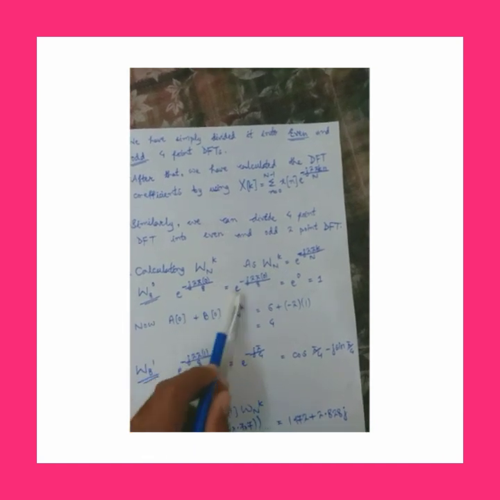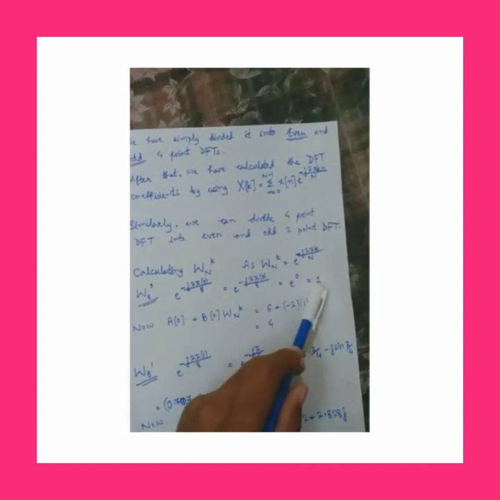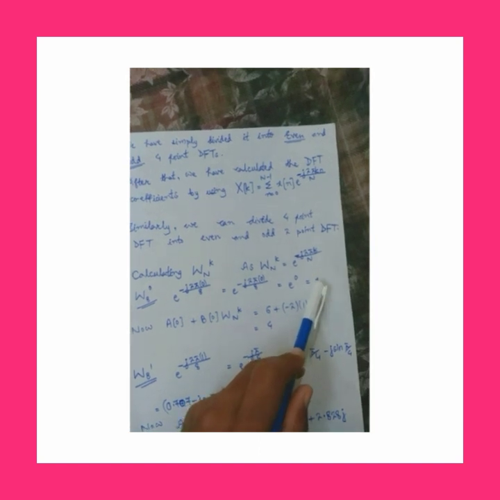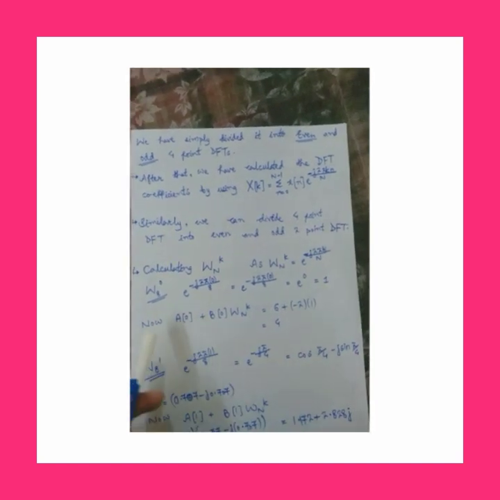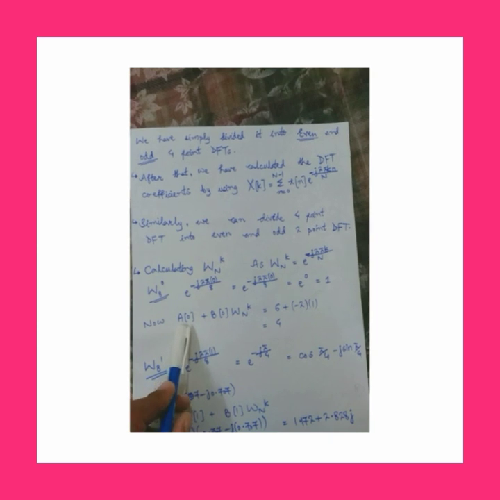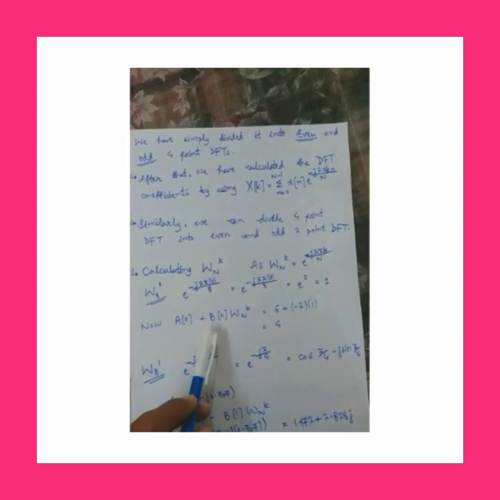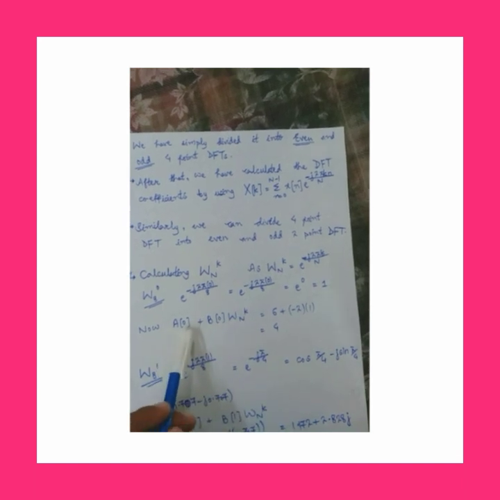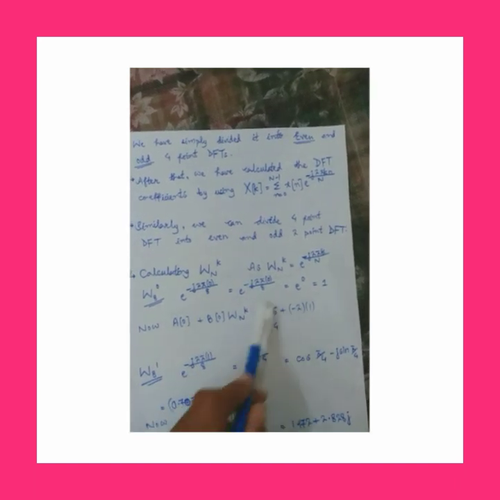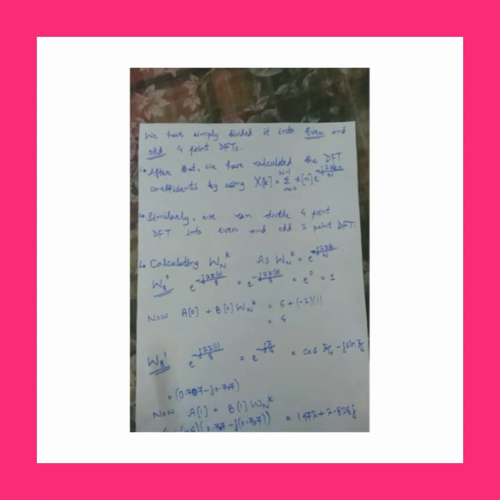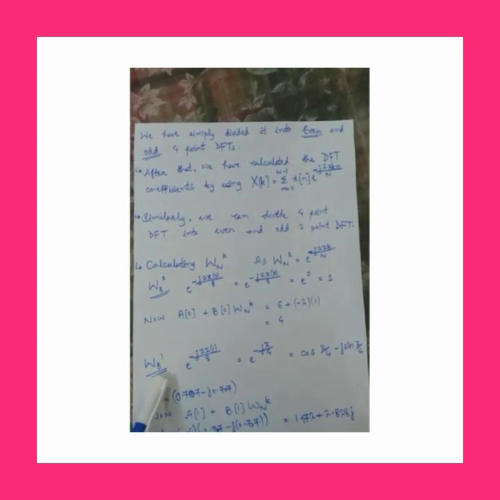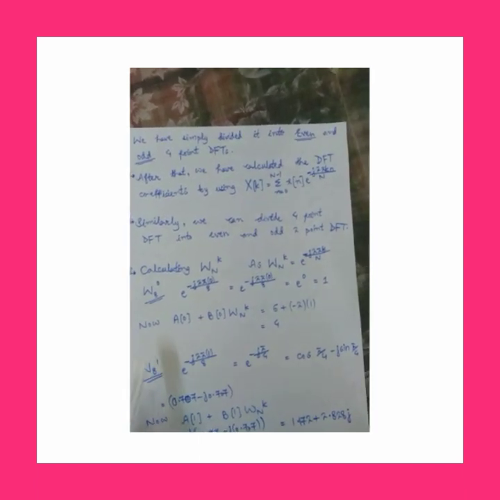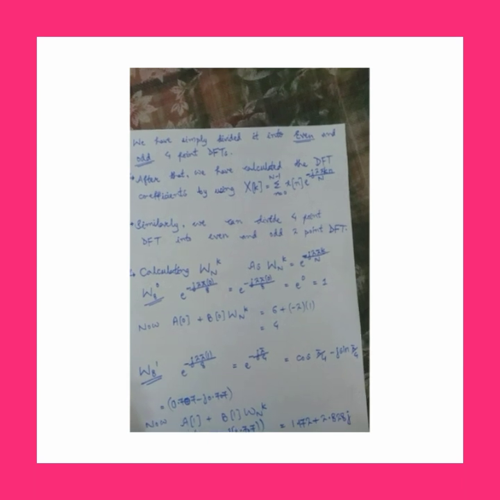So by simplifying this equation, we obtain W_8 raised to power 0 is equal to 1, and putting it in the formula, that is A[k] plus B[k] into W_N raised to power k. Here k is equal to 0, so putting the values gives us 4. In the same way, we can calculate W_8 raised to power 1, W_8 raised to power 2.